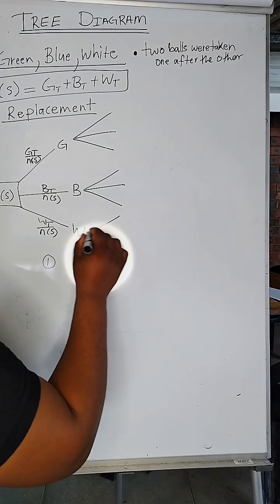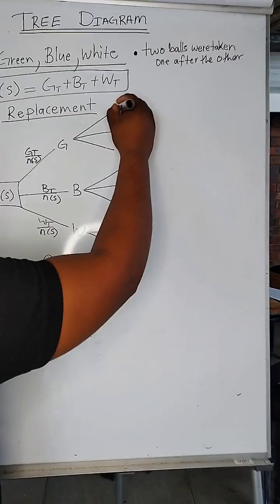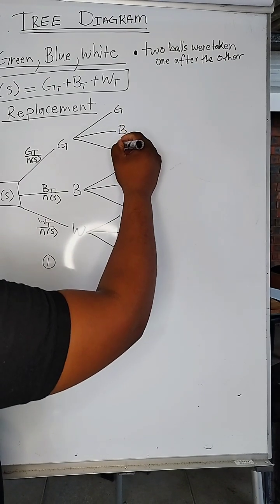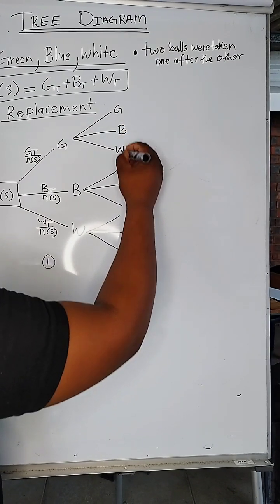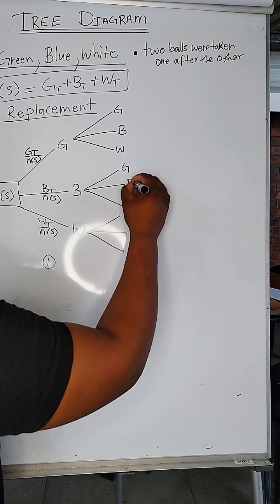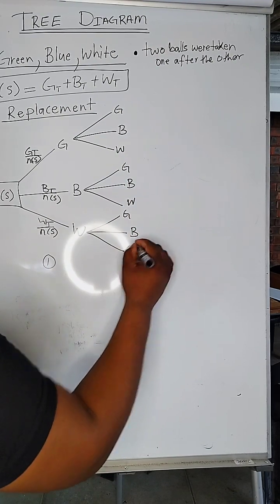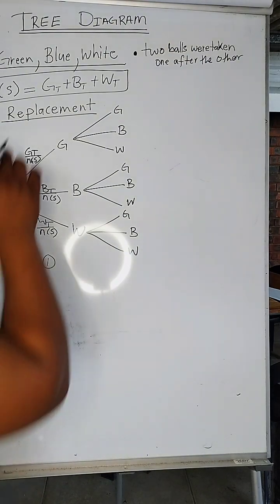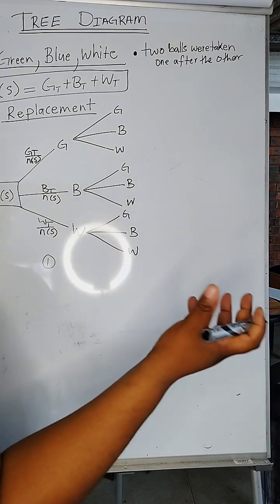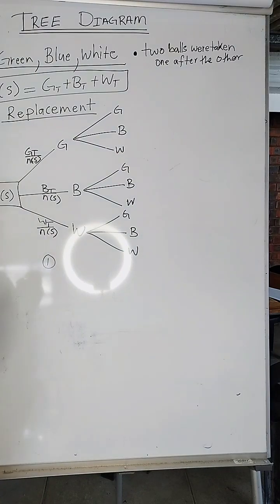The second one can be green, blue, and white. Remember, there was replacement. If there were 50 balls in the bag, when I take one, it was 49.